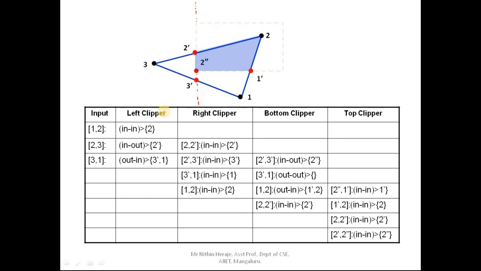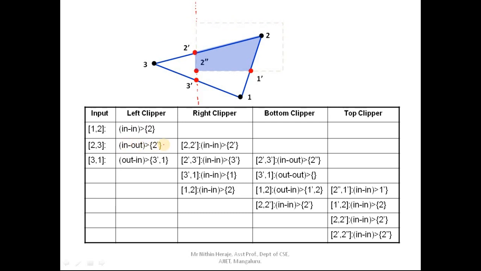Next go to the edge 2 comma 3. This is for the left clipper. 2 to 3 for the left clipping is inside to outside. When it is inside to outside, you just note down 2 dash as the output.